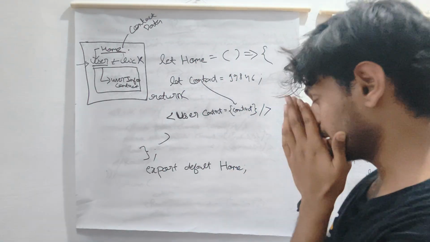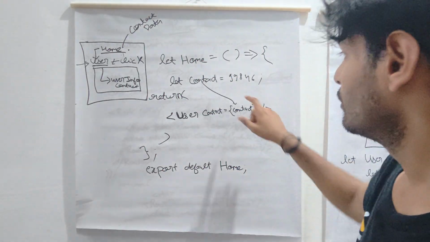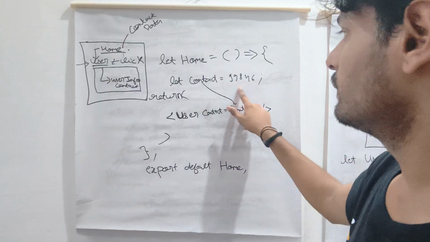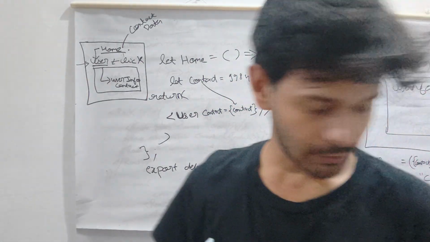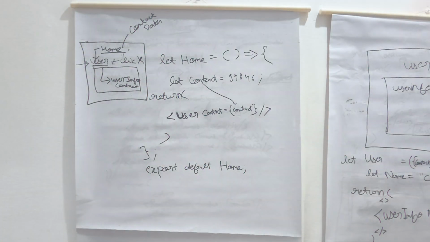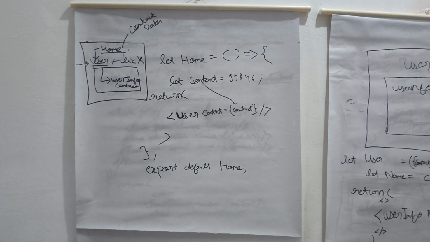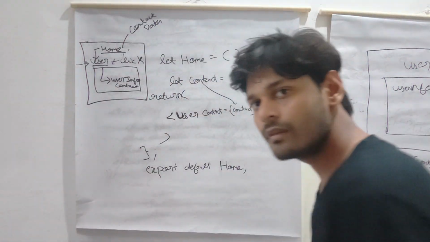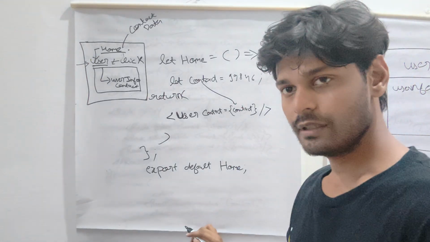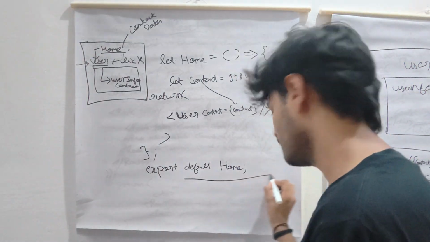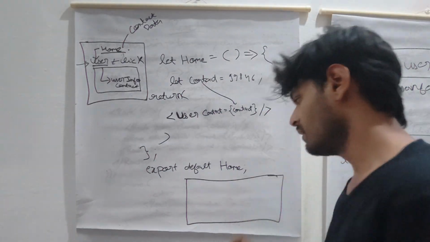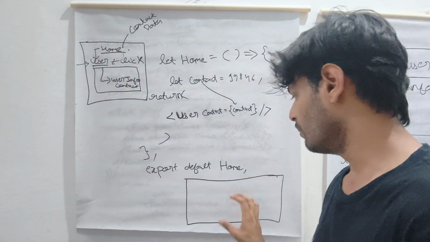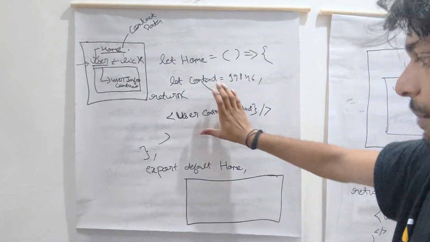Okay, so how do we do that? That is the question. So in this contact variable I have this value. Now let's try to visualize what is shown there. So this is our home page.